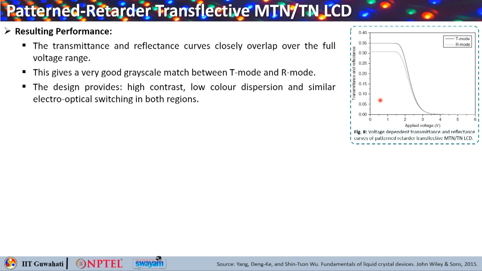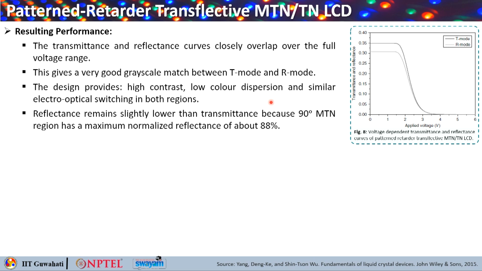Also, our design can provide high contrast, low power, low color dispersion, and similar electro-optical switching characteristics in both regions. However, note that the reflectance remains slightly lower than the transmittance, because the 90-degree MTN region has a maximum normalized reflectance of around 88%, while on the other side you have 100% transmittance. So there is a bit of mismatch.